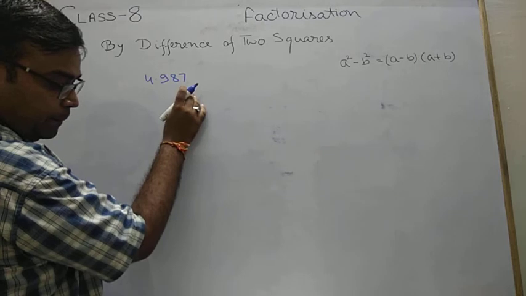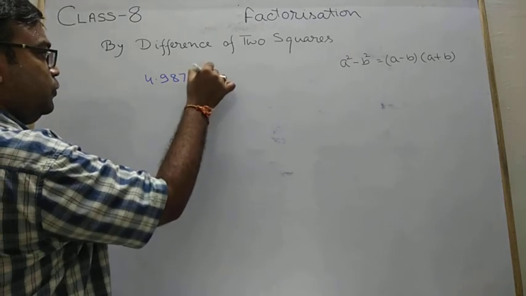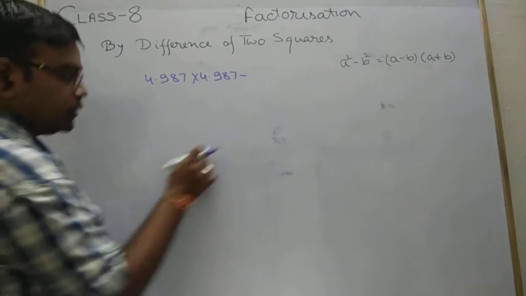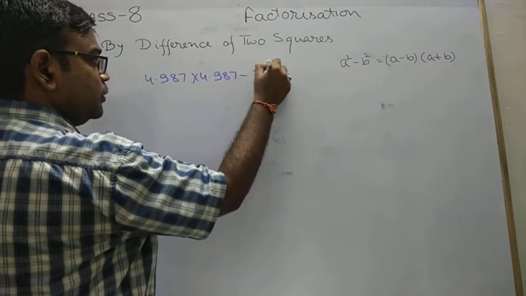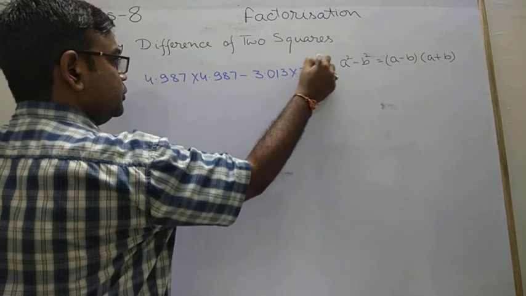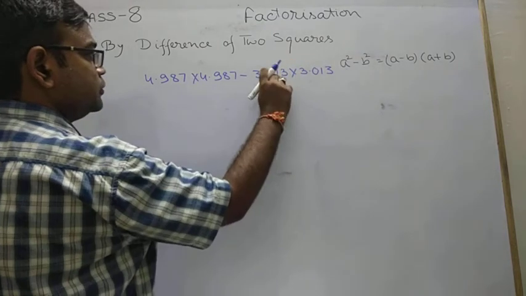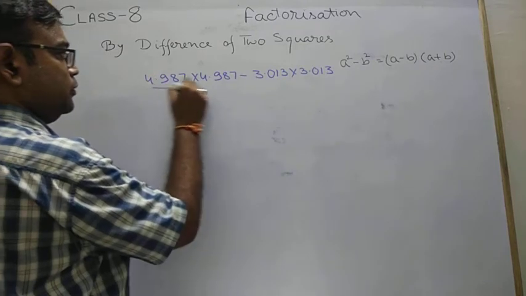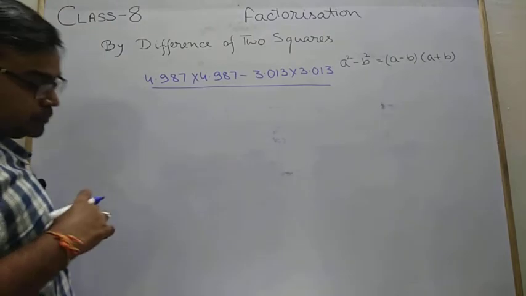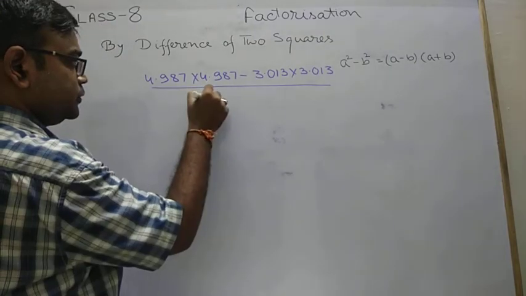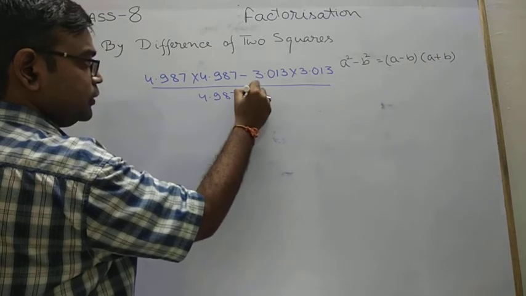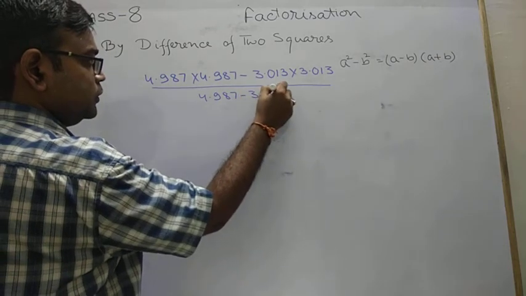It says 4.987 into 4.987 minus 3.013 into 3.013, upon 4.987 minus 3.013.